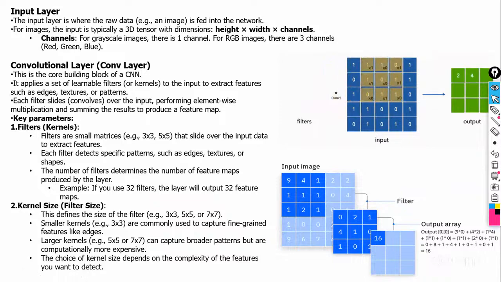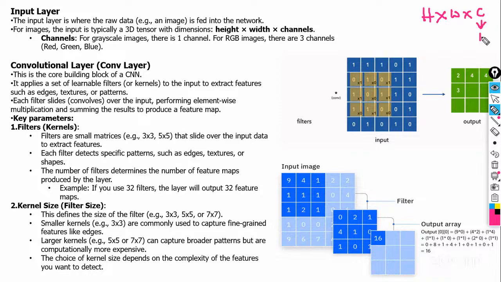Initially, we'll have the input layer, in which the raw data will be passed. Depending on the type of image, we fix the channels. For a grayscale image, the channel is 1, obviously. But for colored RGB images, the channels will be 3: red, green, and blue. So for a grayscale, black and white image, the dimensions are height multiplied by width multiplied by channels, and this becomes 1.